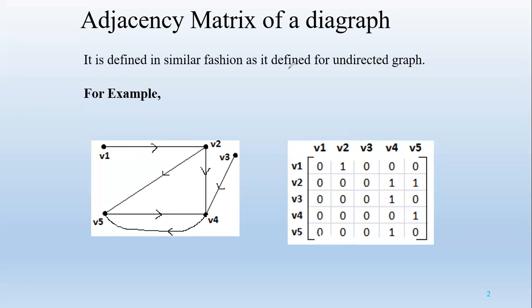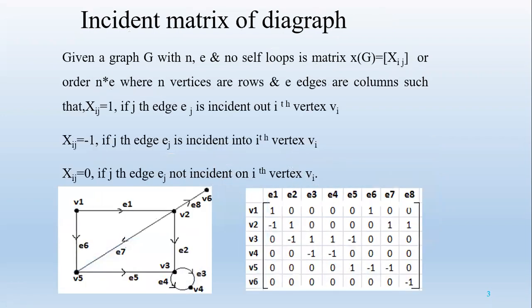Incidence matrix. The incidence matrix depends on the edges and vertices. The order of the incidence matrix is number of vertices by number of edges, but the adjacency matrix only depends on the number of vertices.